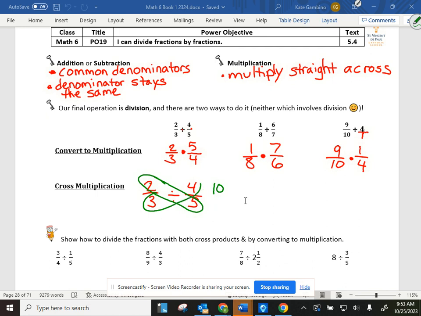And our denominator is 3 times 4. So up here, if we had 2 times 5, and then we had 3 times 4, we get the same answer.